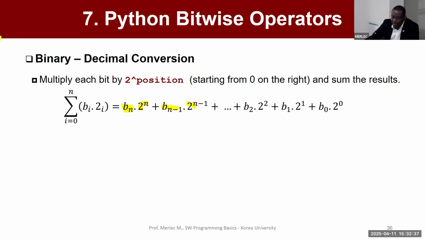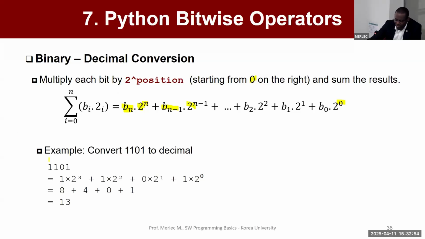Since here we are in binary, the base will always be 2, and we'll be decreasing the index until we reach 0. You always start counting the index from 0, from right to left. Like here, the index is 0. I will change the color. We count the index from right to left: 0, 1, 2, 3.